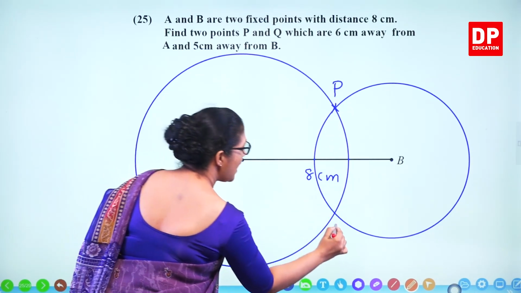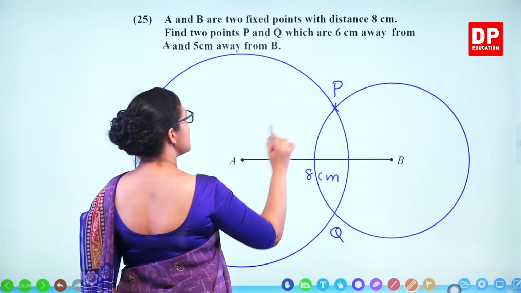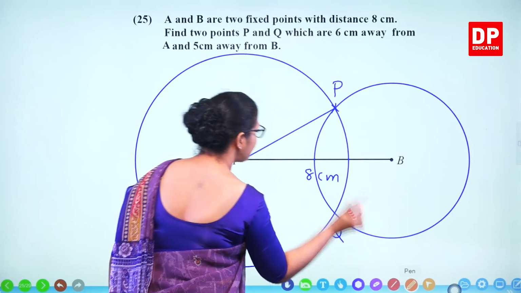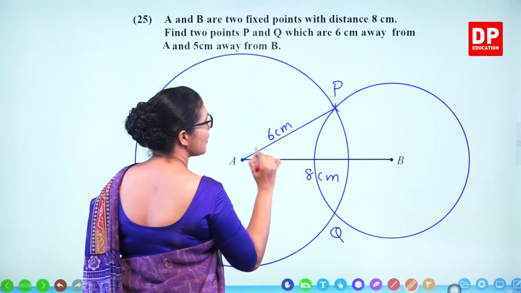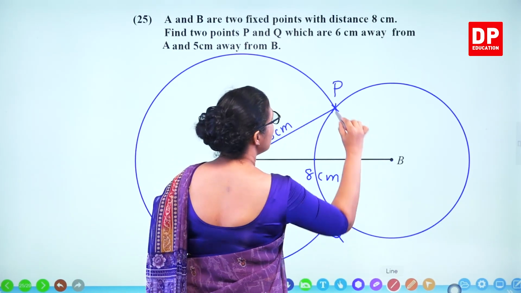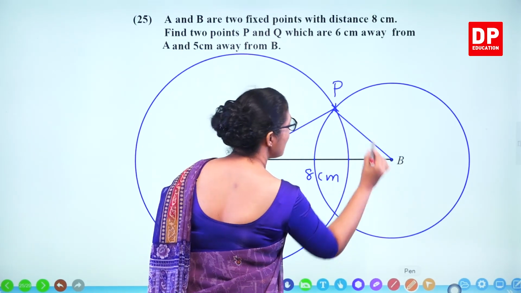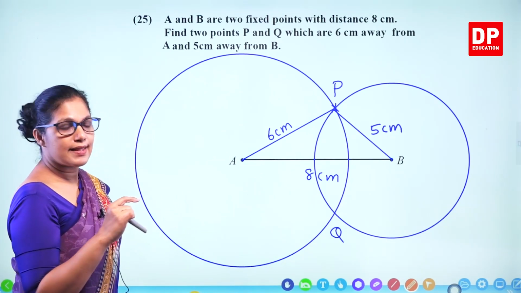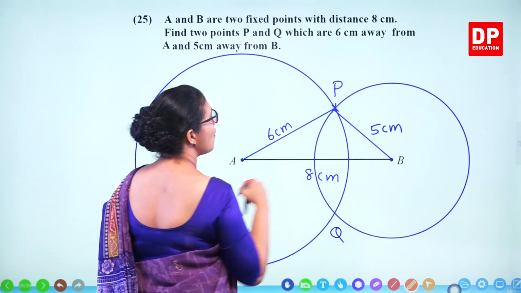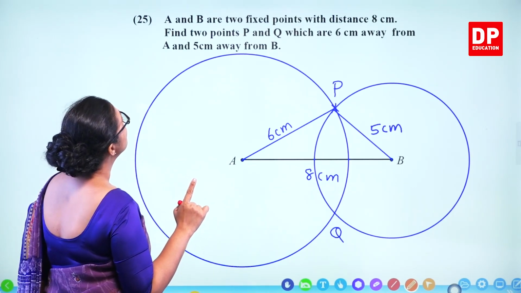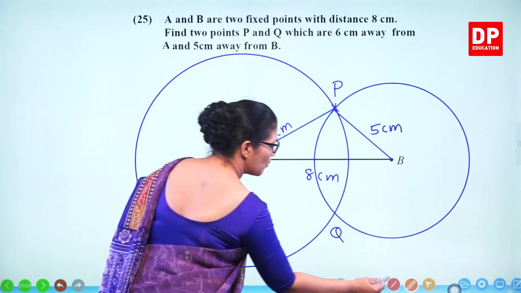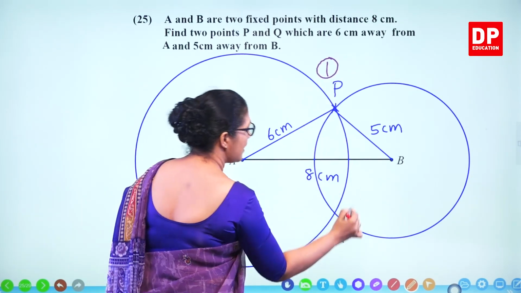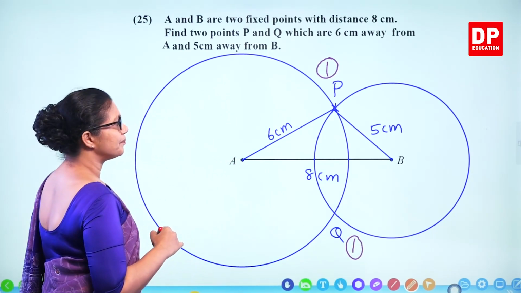These are P and Q. So 6 centimeters away from A. So that means this is 6. And this is 5 centimeters away from this. So both sides you get the same length. This is 6 and this is 5. So what are the 2 points P and Q? So identifying this, you get 2 marks. 1 mark here and 1 mark for this.